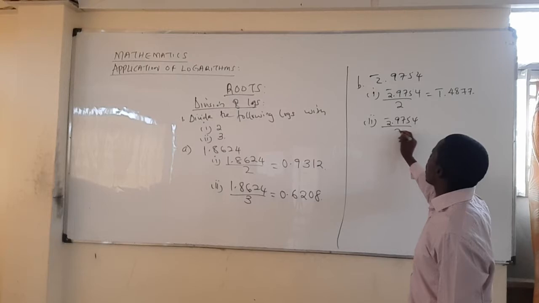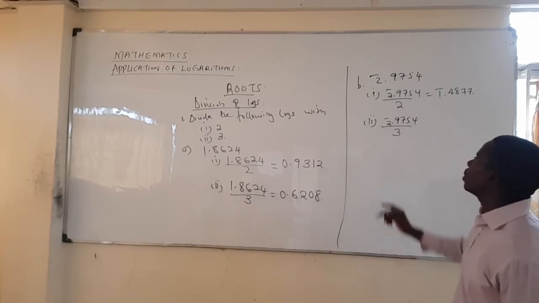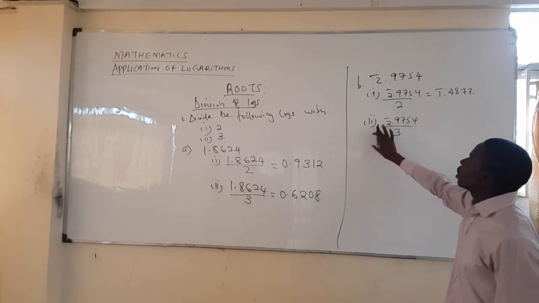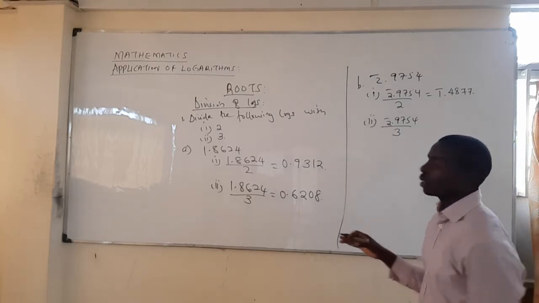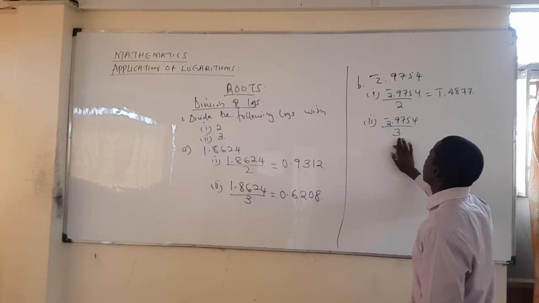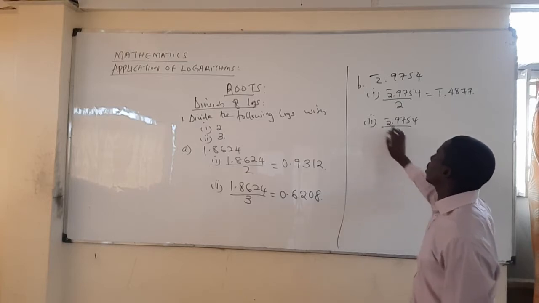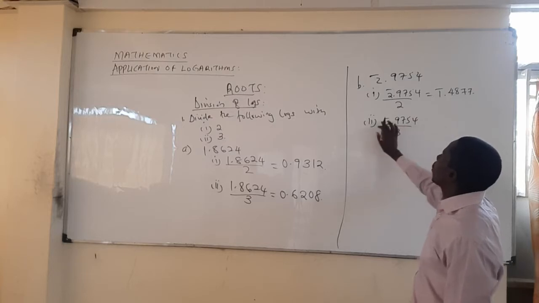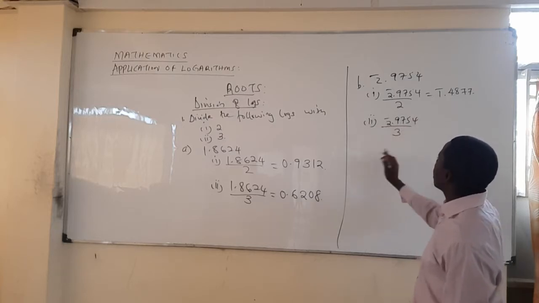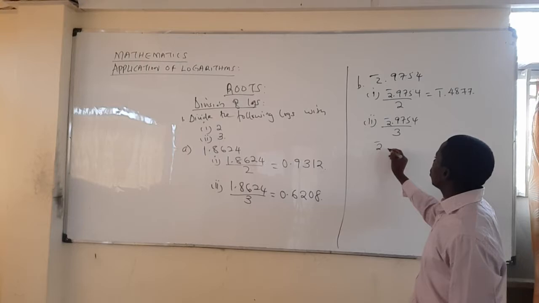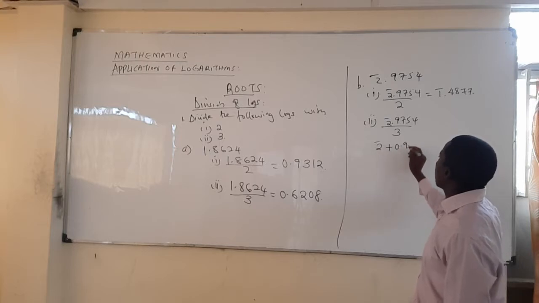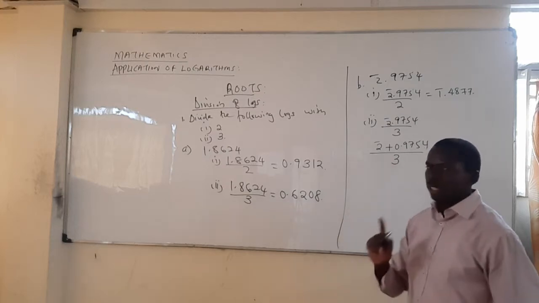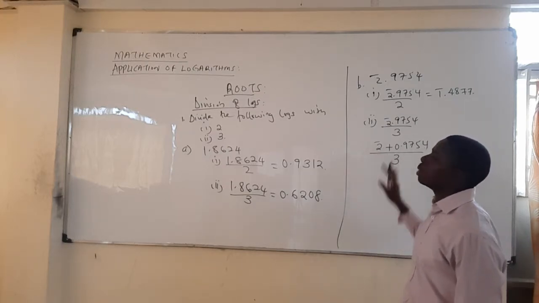For part 2, bar 2.9754 dividing by 3, we know that when it's a bar number, we have to check first whether that number is divisible by whatever we are dividing with. In our case, minus 2 cannot be divided by 3. So when the number is not directly divisible, we first separate the characteristic and the multiplier. We have it like this: bar 2 plus 0.9754 divided by 3. Then we make this bar 2 divisible by 3.